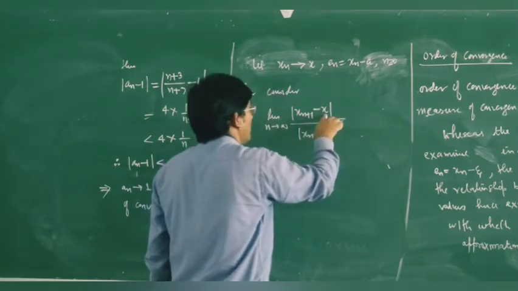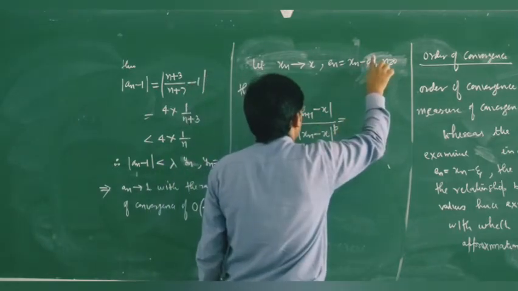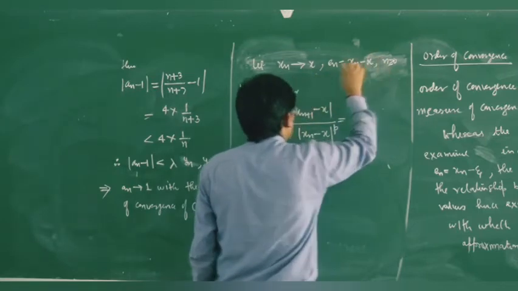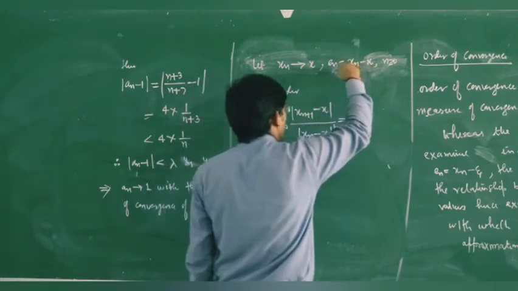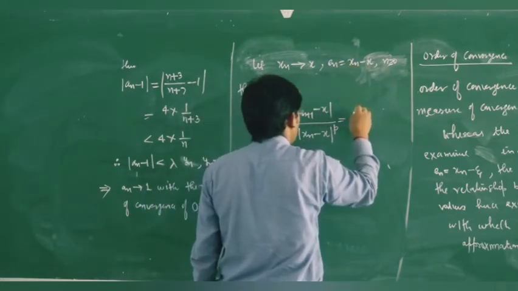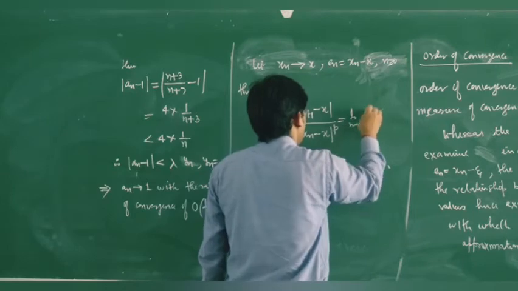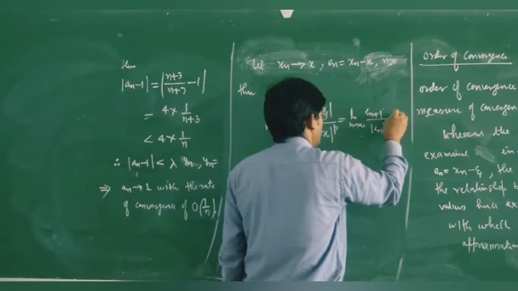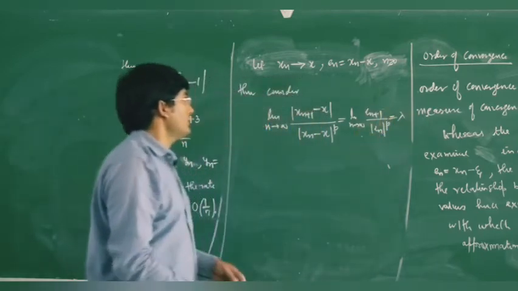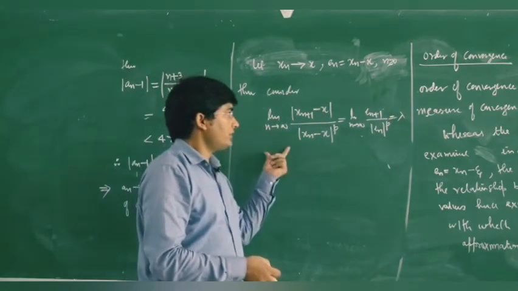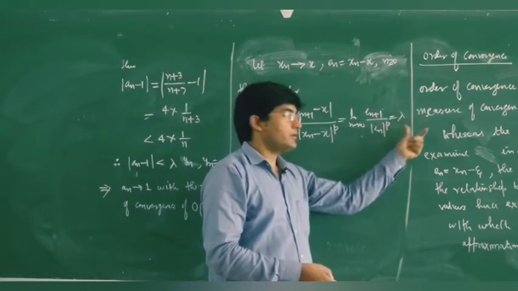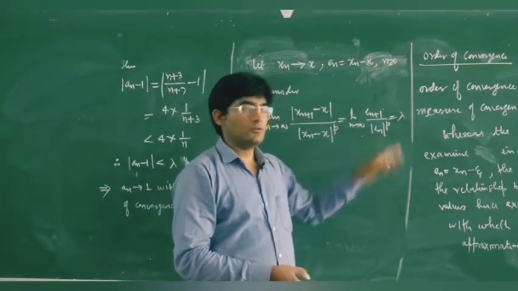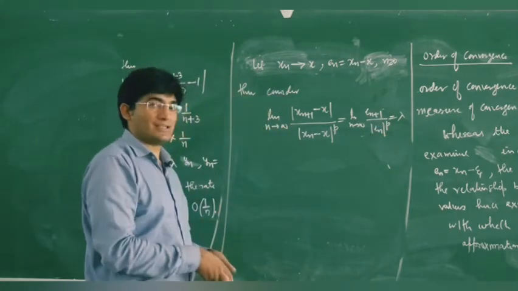Since xn is converging to x, letting xn minus x be en, this is en plus 1 upon en power p, equal to lambda. Here this positive number lambda is said to be the asymptotic error, and p is said to be the order of convergence of the sequence xn.